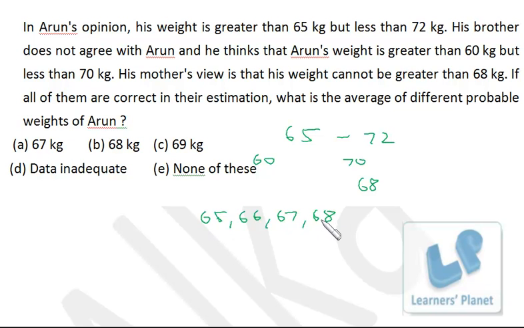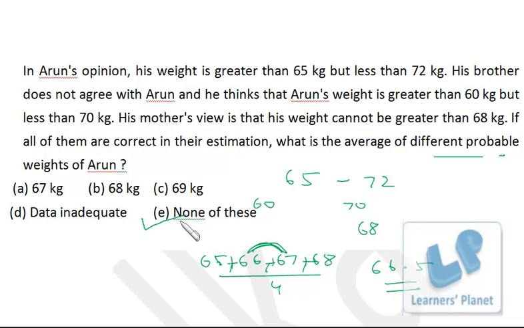These are the four data, four different probable weights of Arjun. Now we have to find out the average of these four. Now these are four consecutive numbers, so the average will lie somewhere between the middle two numbers. So exactly between these two it is 66.5. Okay.